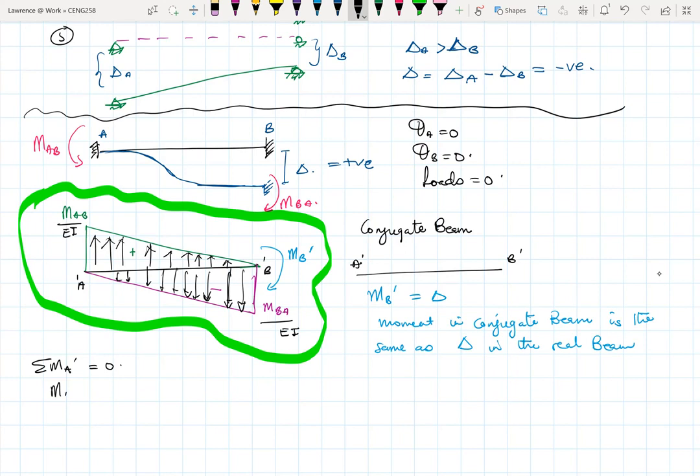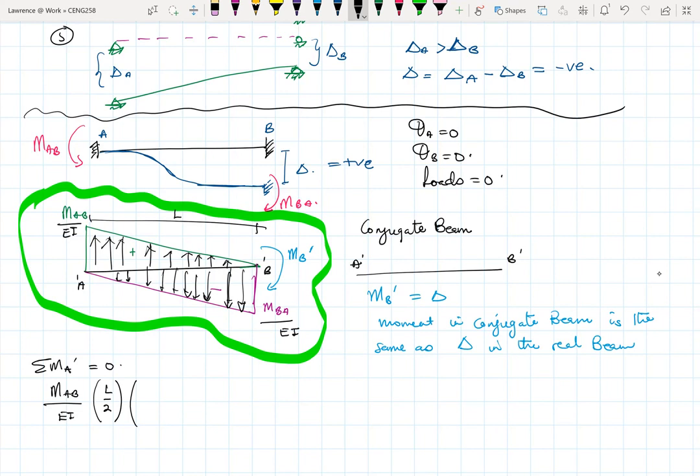MAB over EI. So the area here becomes, this whole thing is L. I forgot about the length L. So it becomes the area of a triangle, which is half base times height. So our height is MAB over EI, and the base becomes L over 2. Then times the moment arm to A, and that'll give us 1 over 3.